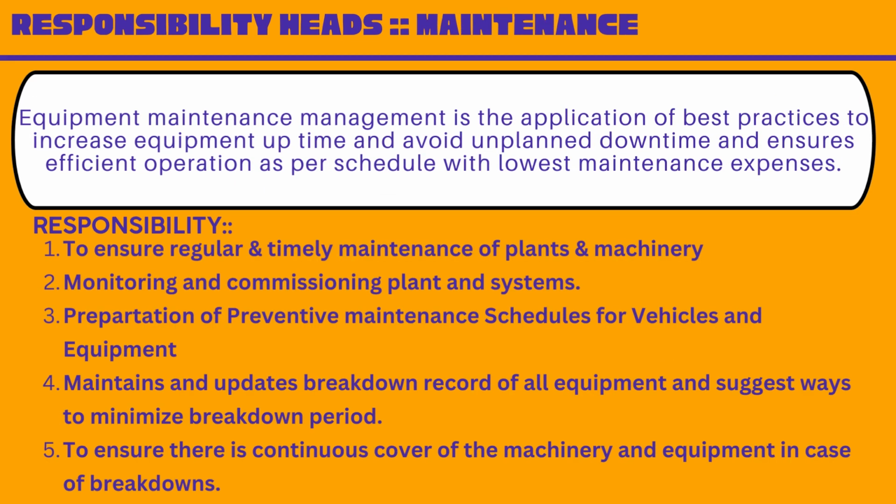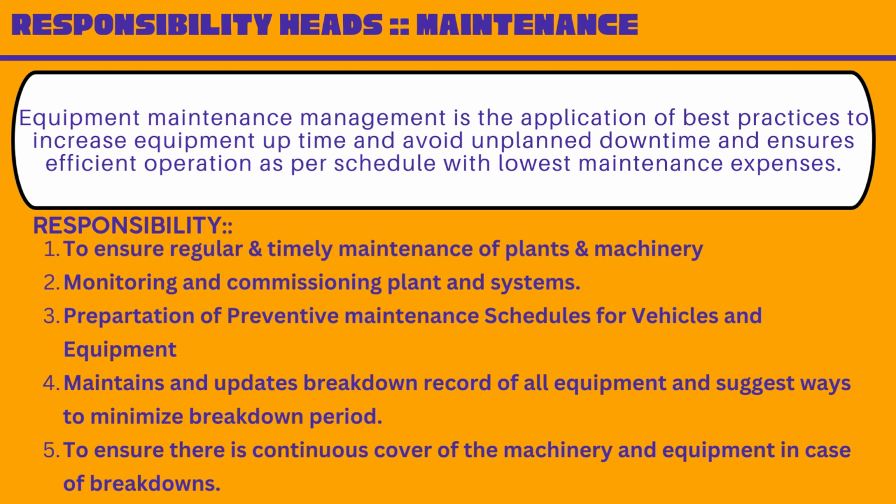8. Maintenance. Equipment maintenance management is the application of best practices to increase equipment uptime and avoid unplanned downtime, and ensures efficient operation as per schedule with the lowest maintenance expenses. Responsibility: ensure regular and timely maintenance of plant and machinery.